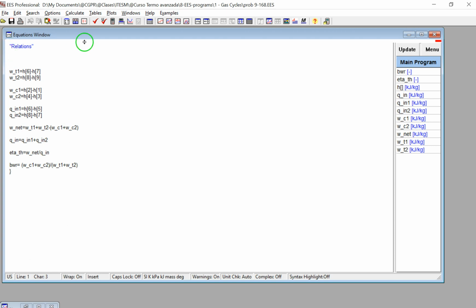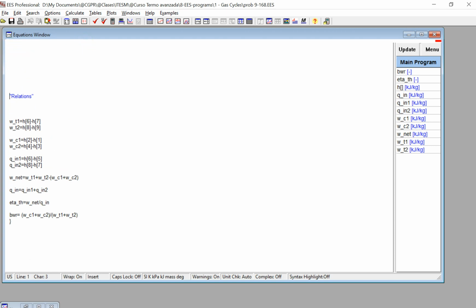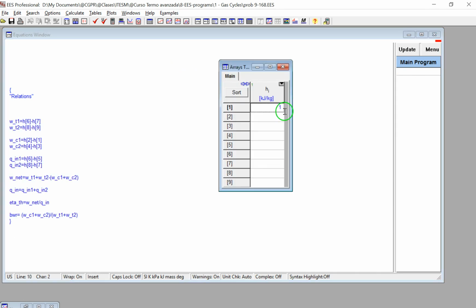So now when we press F2, we are not going to have any result. So basically, we don't have equations. The only result that we have is H1, because that's the initial value.